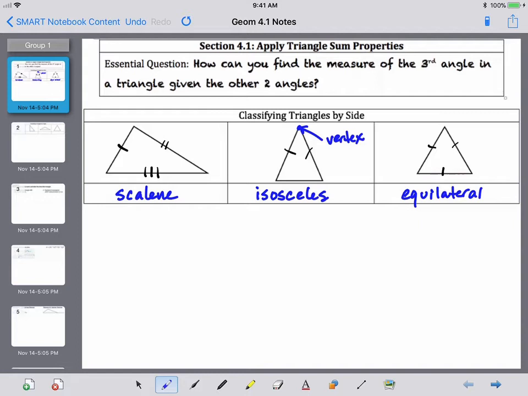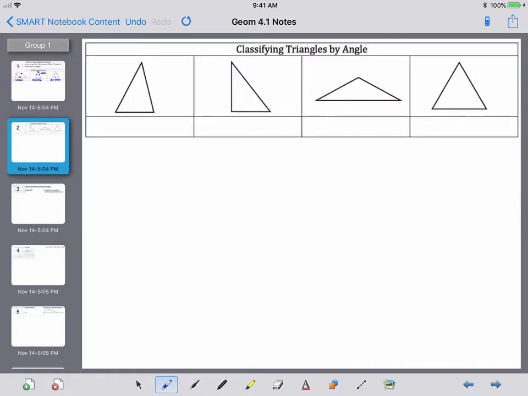Now, on the other hand, there are four different ways to classify triangles by their angles. If we have a triangle with angle measures of 30, 70, and 80, those are all less than 90, which, if you remember from earlier, are called acute angles, so we call that an acute triangle.